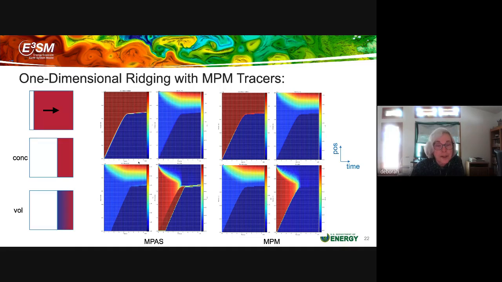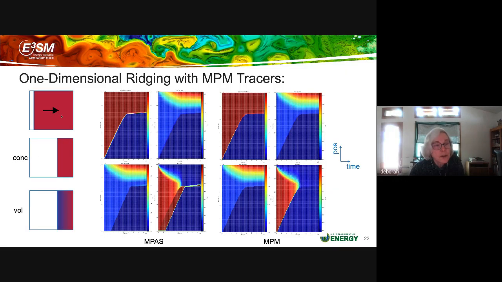This is the original MPAS code, and this artifact is from the advection on the grid. As you're moving the ice, you're leaving behind a little bit on the grid.